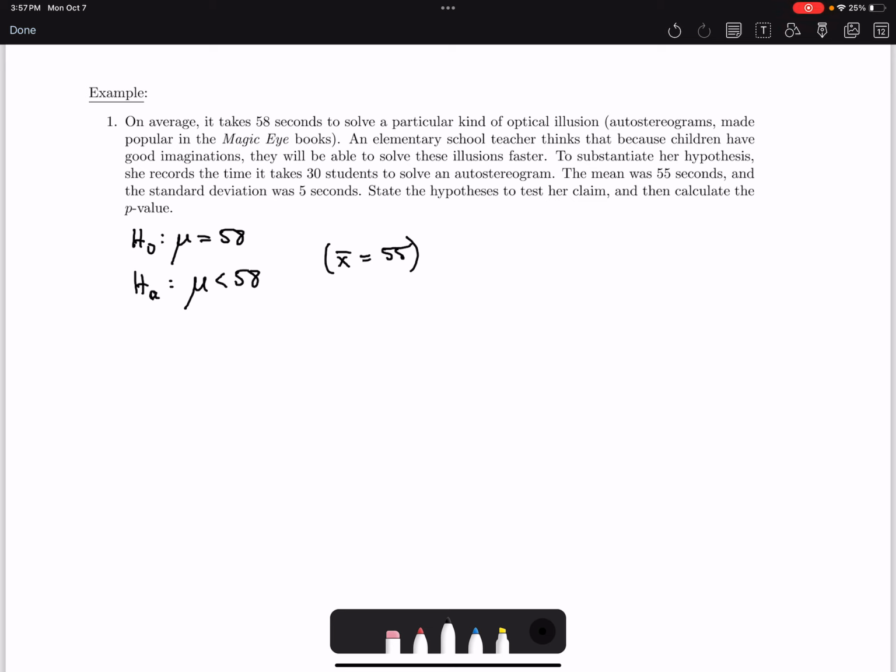Now, in order to do that, we're first going to compute this value here, this t-score. We call it the test statistic sometimes. But the t-score is going to be x bar minus mu divided by s over the square root of n.